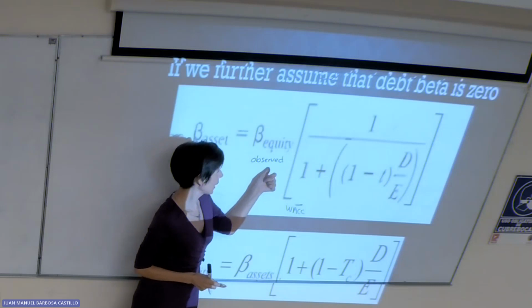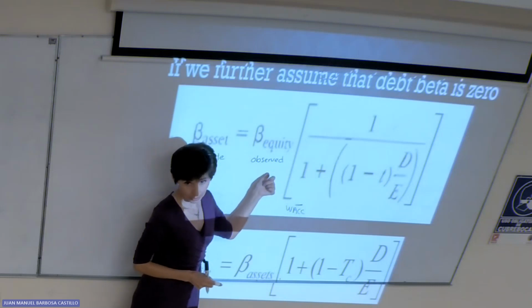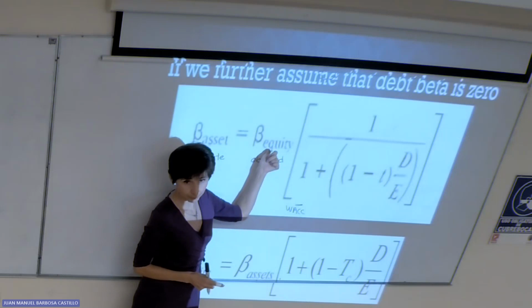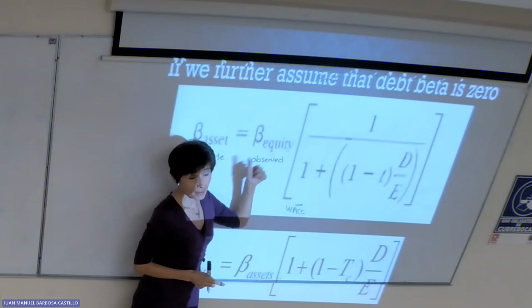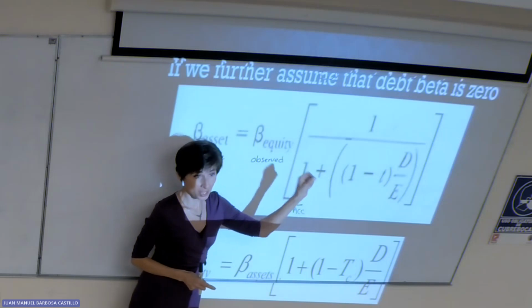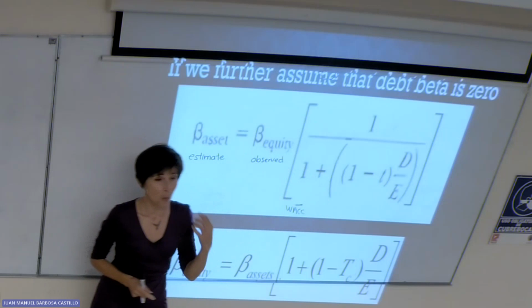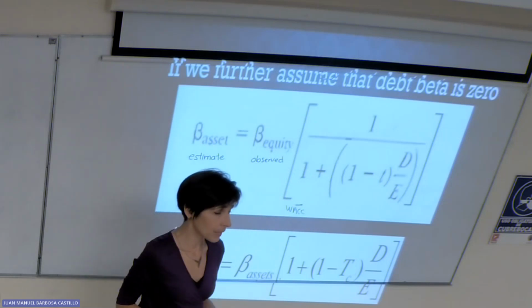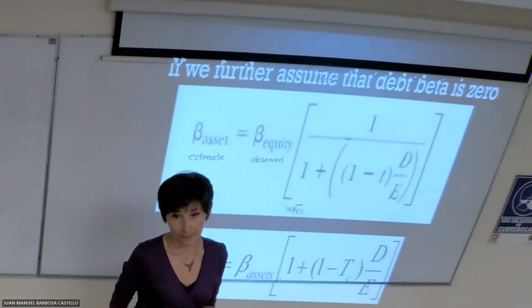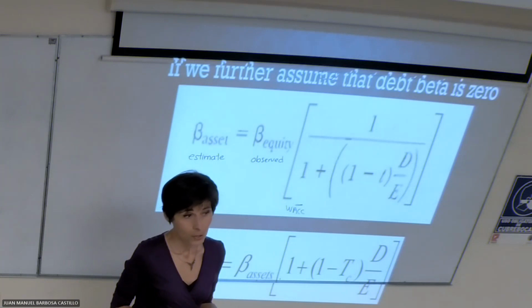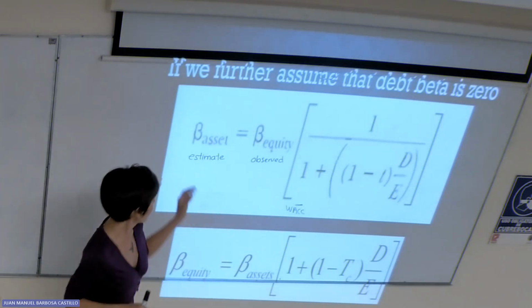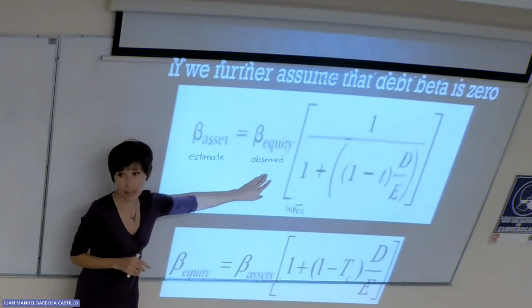With that time series, I can calculate beta through a regression analysis. But that's the market risk of the shares. That's the market risk of the equity, which means what I can observe is equity betas. So I infer asset betas through equity betas.